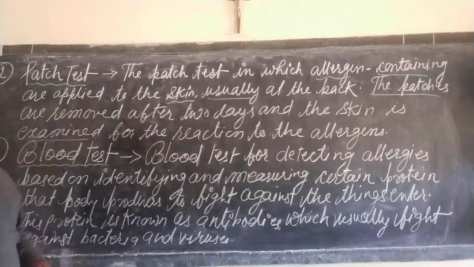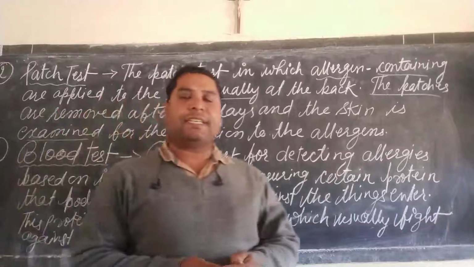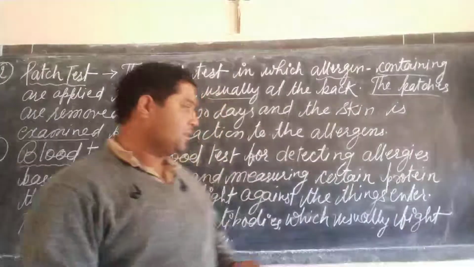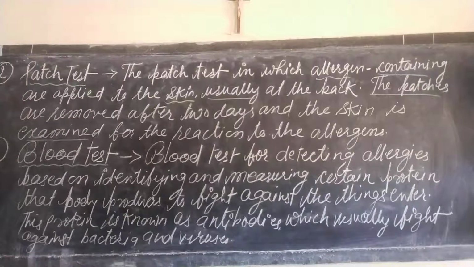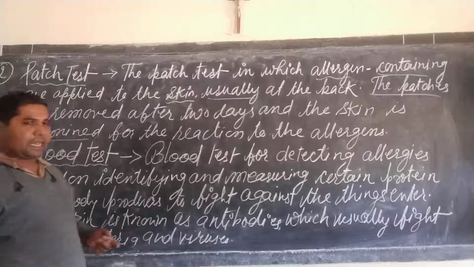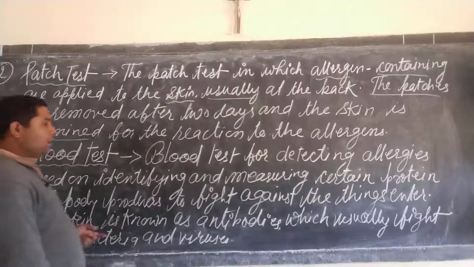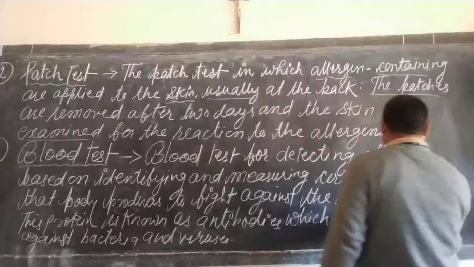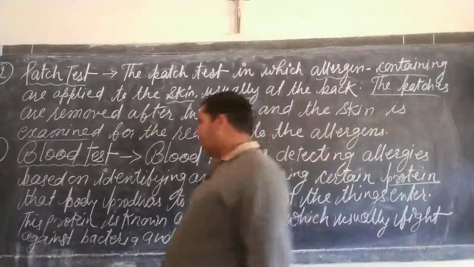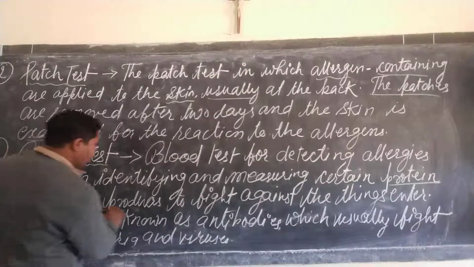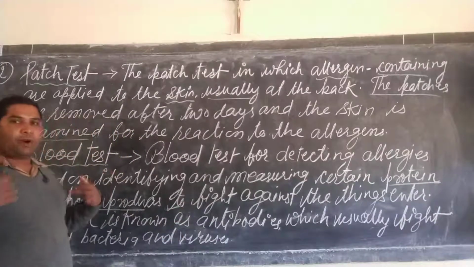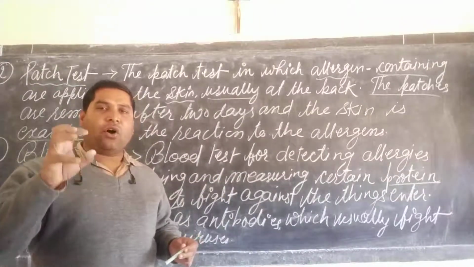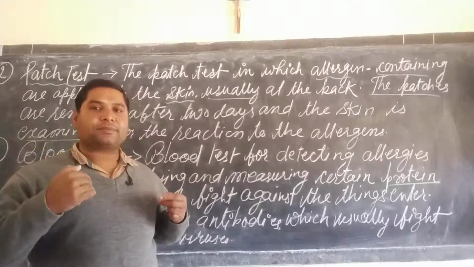So dear student, by blood test also we can detect whether the person is allergic or not. So you see here, by blood test we detect whether the person is allergic or not by identifying and measuring a certain protein in the blood which is produced by our body to fight against the allergen or things entering the body.